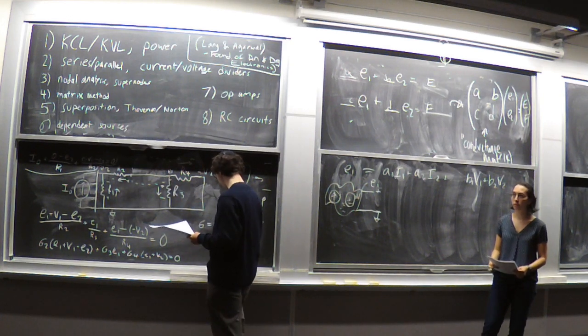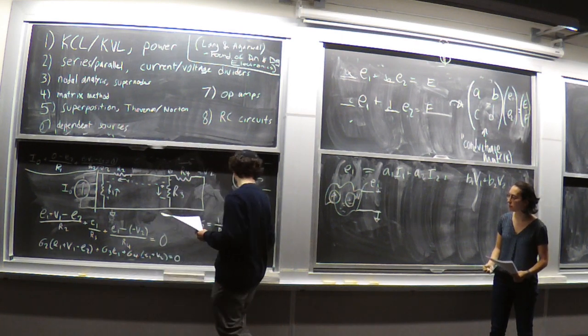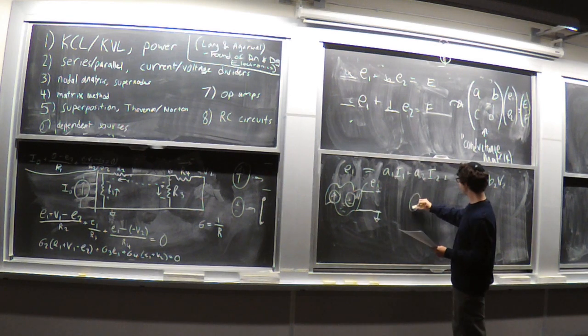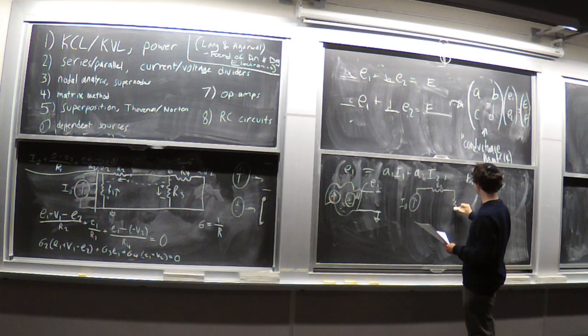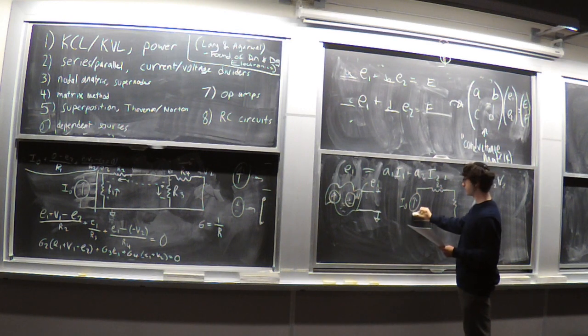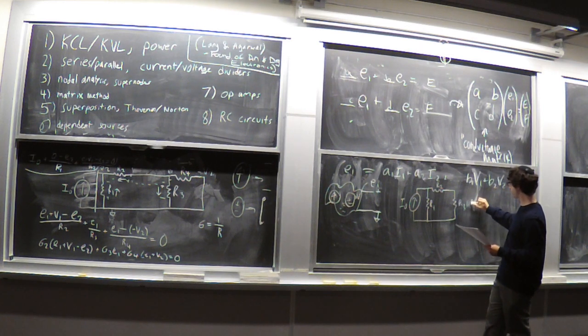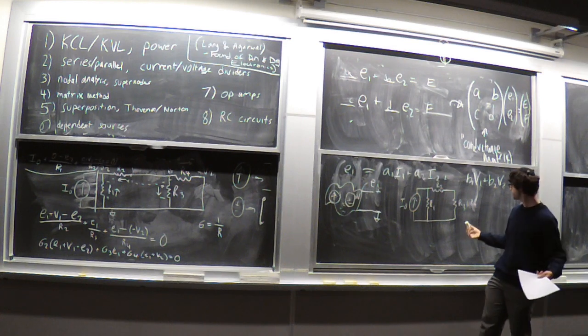If we were to redraw that part of the circuit, we would basically have this current source, I0. We would have R2, and then we'd now have this combined equivalent resistance. This would be R3 in parallel with R4, and we would use our equation from earlier about combining parallel resistors.